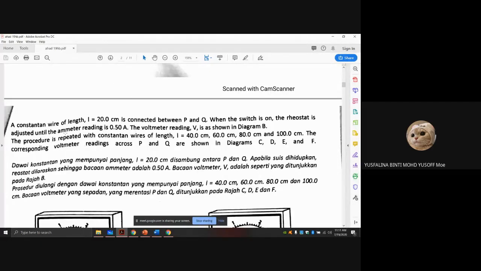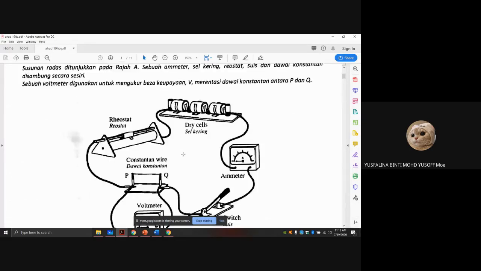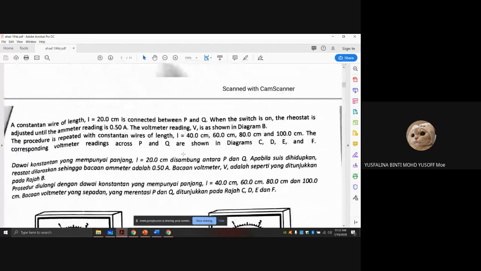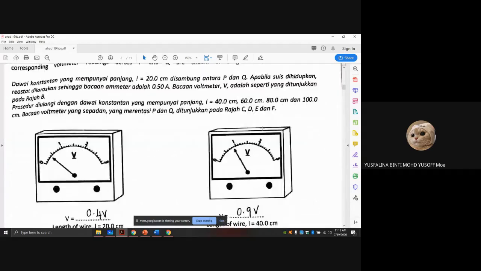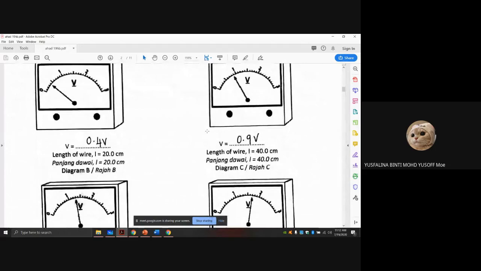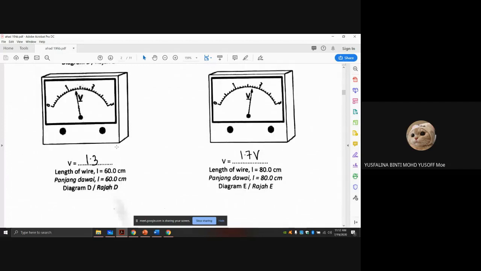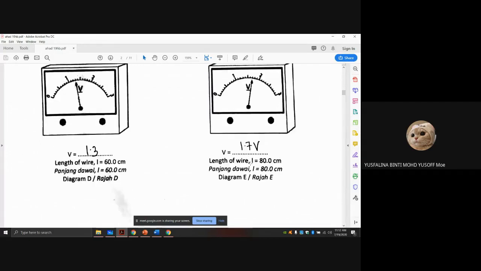So this one you know the constant variable here, because it's V against I, right? So I is 0.5. The voltmeter reading V is as shown in diagram B. So you check the value, whether your reading is correct. This one is 0.4 volt, 0.9 volt, 1.3 volt, 1.7 volt.